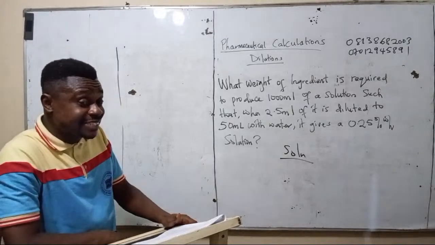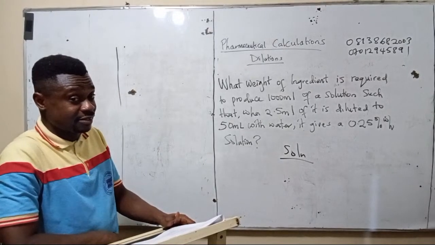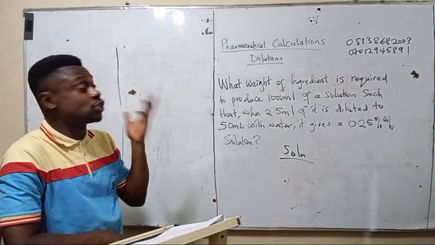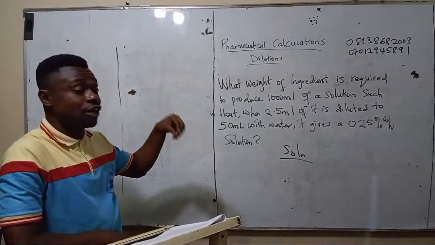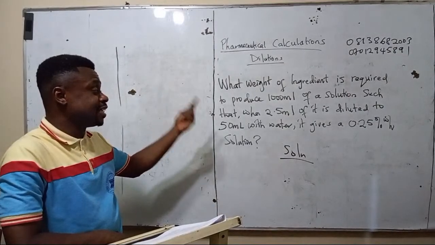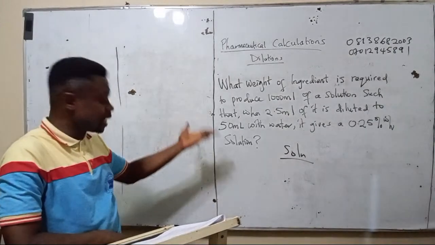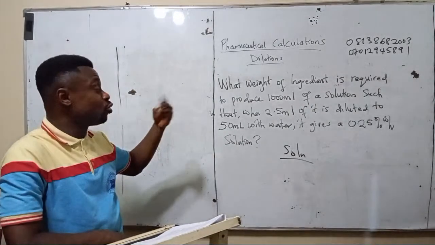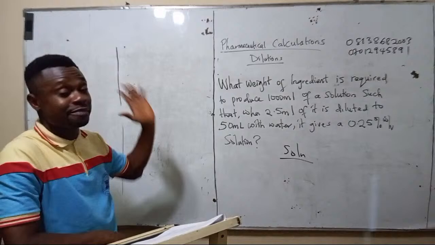Now, we don't know the weight of the ingredient. Its particular weight was just dissolved in a suitable solvent, water precisely, and they make it up to 1,000 mil.